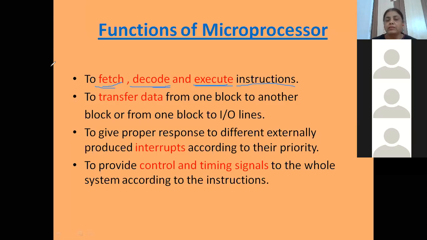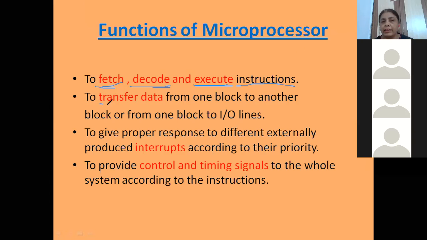So what is bus? Bus is basically used to transfer data or address or control signal, anything from one place to another. The control of buses is done by the microprocessor.